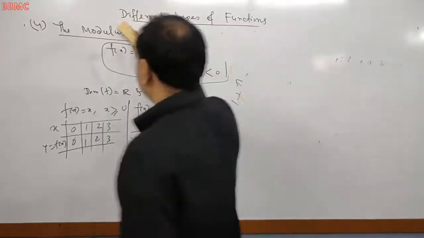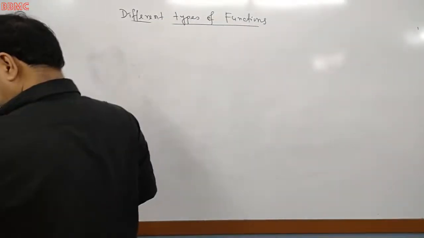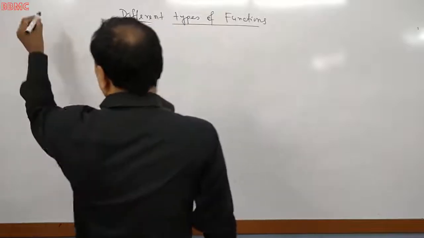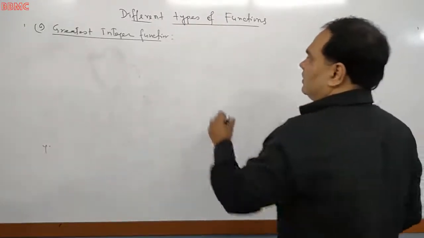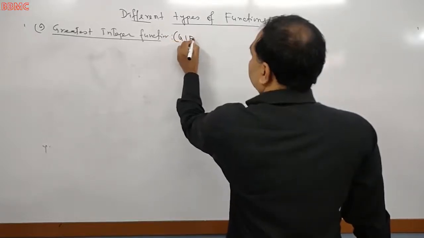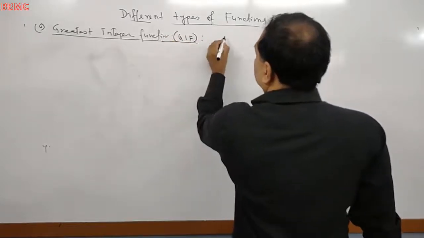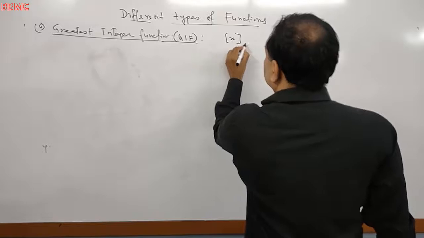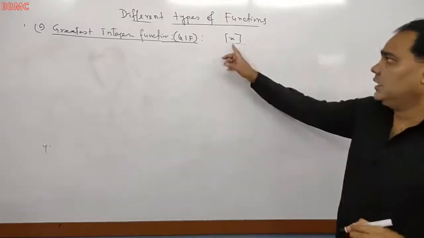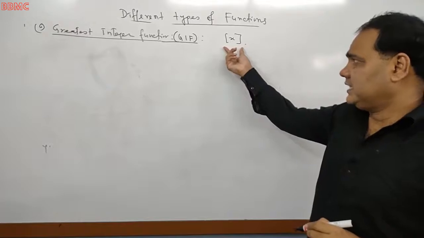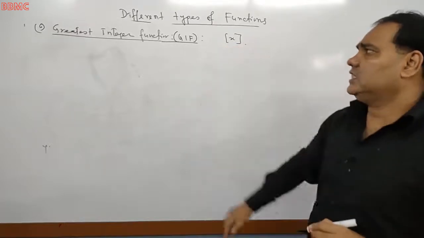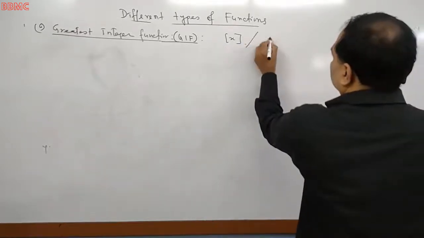Let's go to the next function, which is very important: the greatest integer function, GIF. It is denoted by this bracket notation [x]. If it is written like this, then it is known as the greatest integer function. What will be the definition?